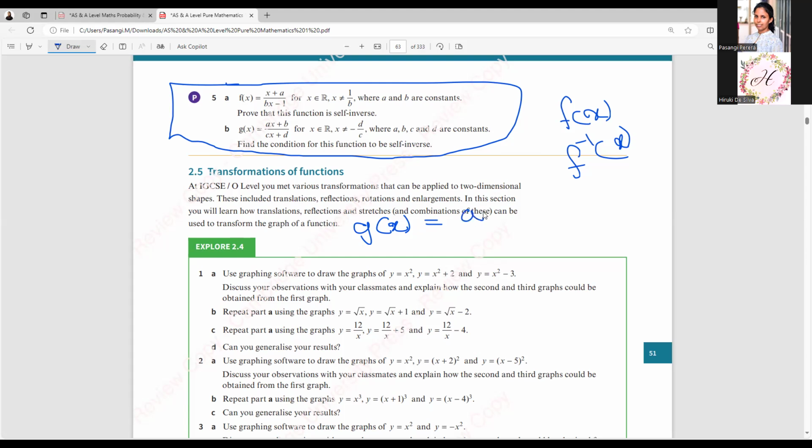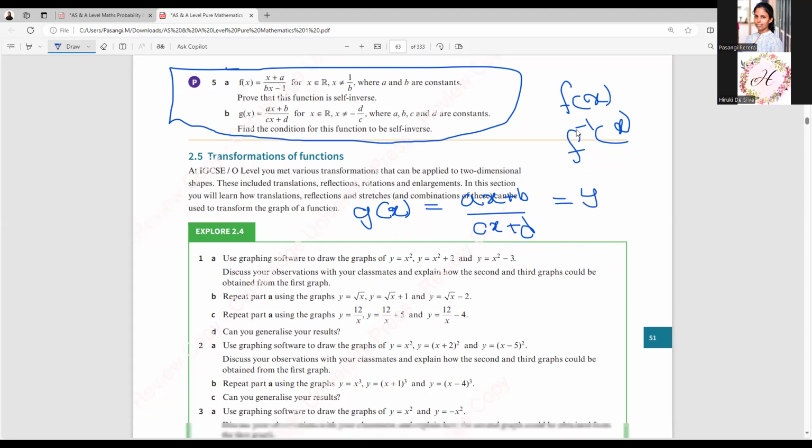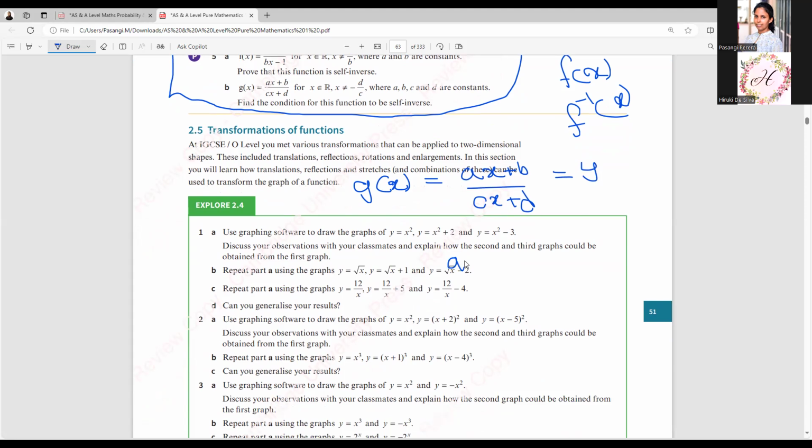g(x) is equal to (ax plus b) divided by (cx plus d). Then that means y is equal to this. If I make x the subject, then ax plus b is equal to ycx plus yd.